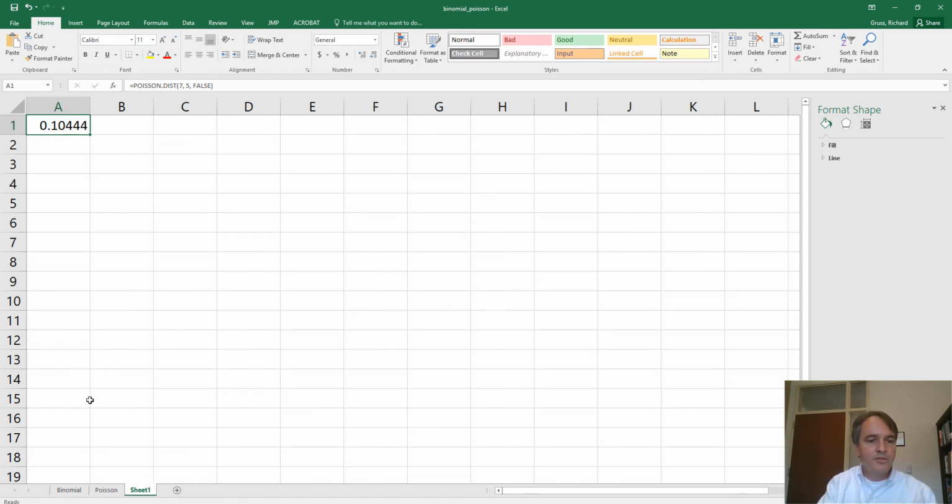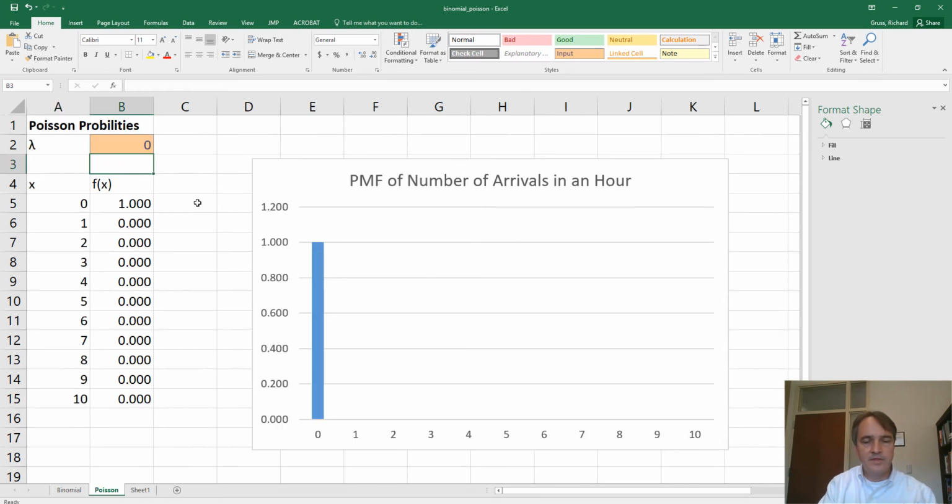Okay, now one more thing I want to show you since we're here in Excel is to think about what these numbers are telling us. So what I've done here is I've made a sheet where I can put in different lambdas so that I can see what happens with different x's.